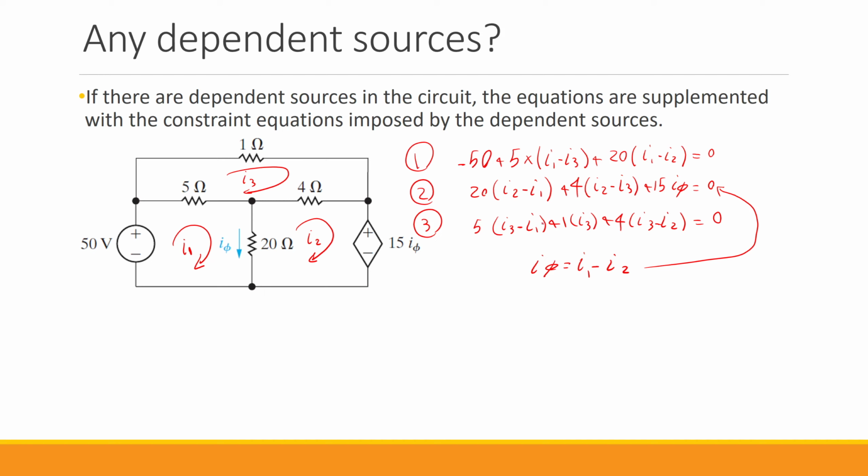So let me just quickly write that down. So the first one is going to be simplified to 5 I1 plus 20 I1 is going to be 25 I1 minus 20 I2 minus 5 I3 equals 50.